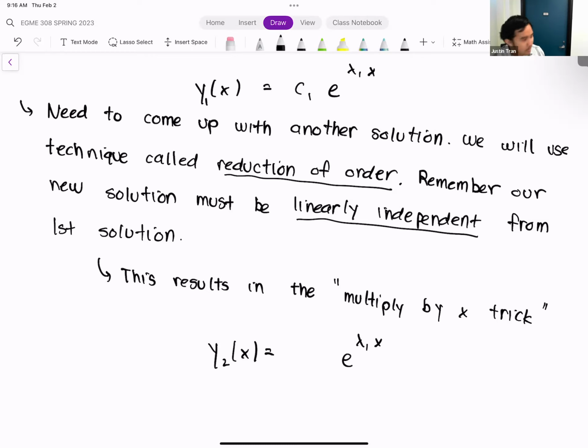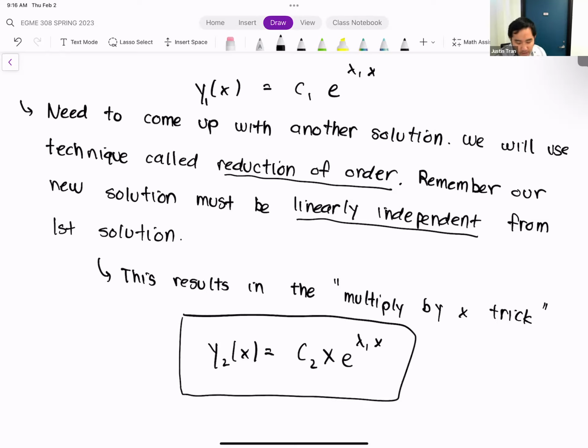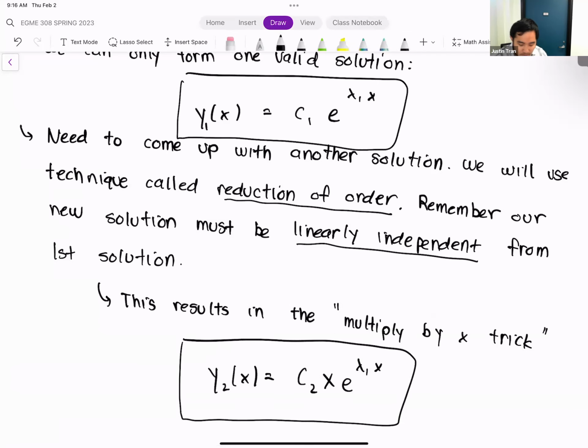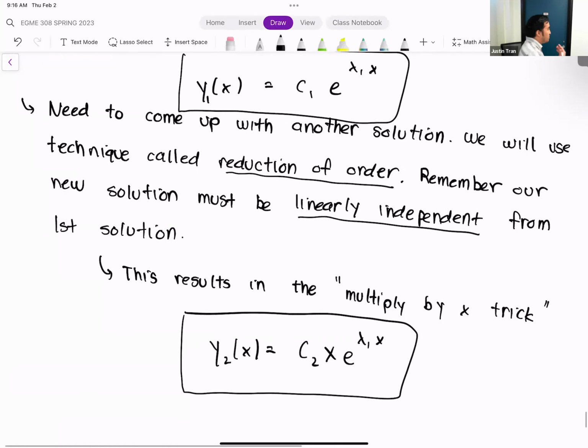But what's going to be different is that we're just going to take our first solution and multiply it by x. And so our y2 is literally just the same as y1, just multiplied by x. So if y1 is c1 e to the lambda 1x, y2 is just c2x times e to the lambda 1x. And it seems so simple.